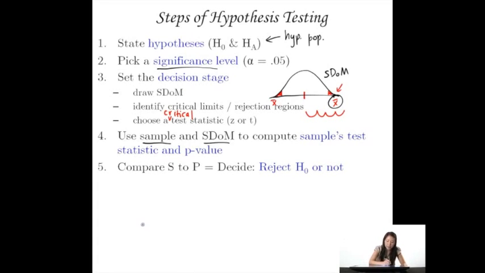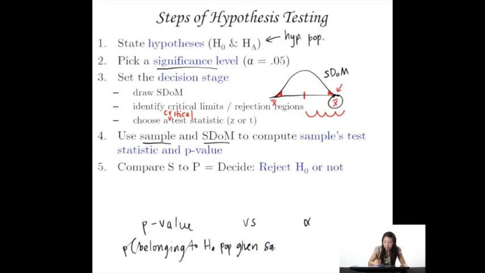So one word about p-value versus alpha, right? The p-value is going to be the probability of belonging to the null population, right, given the sample X bar. So what is the probability that this value belongs in here? Alpha is what we call the critical limit.